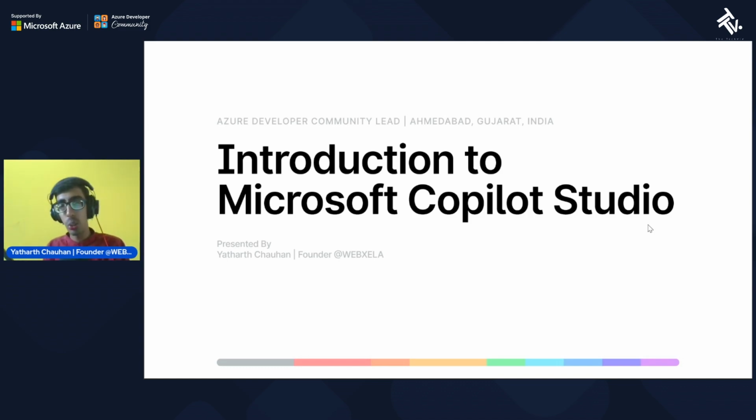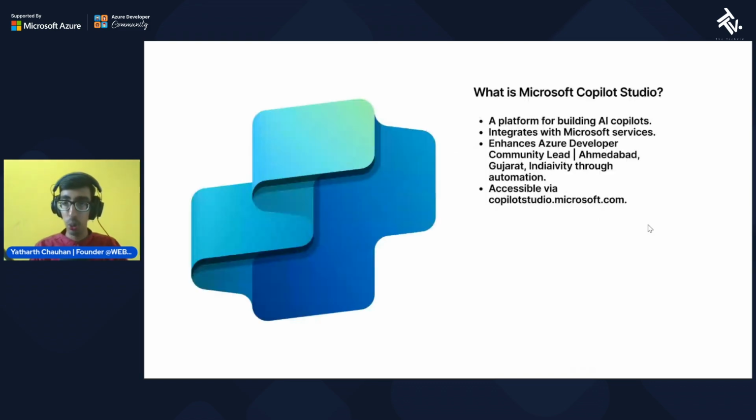As per your choice, you can customize your own chatbot and connect it with your own website or application. Now let's move on to the definition of Microsoft Copilot Studio.